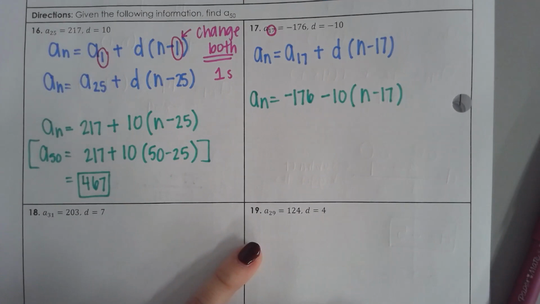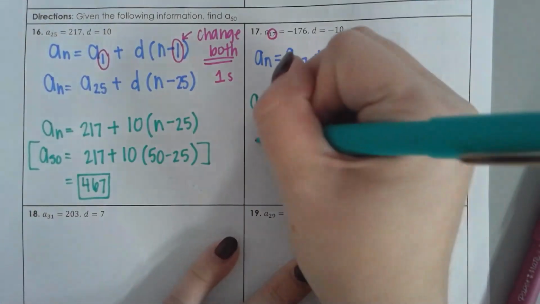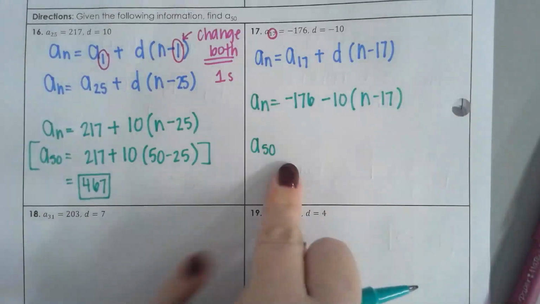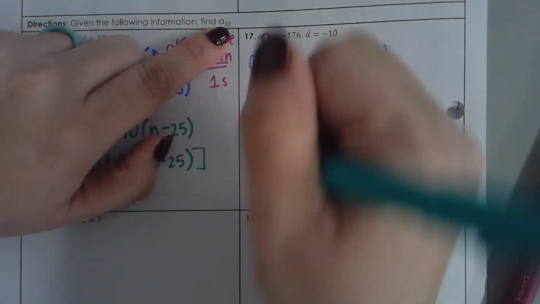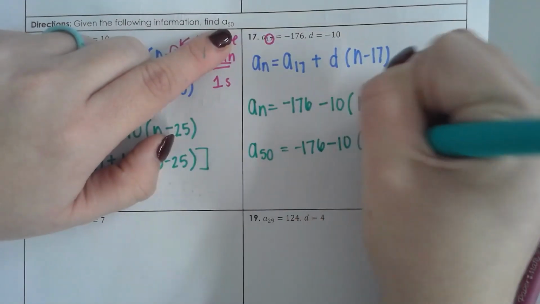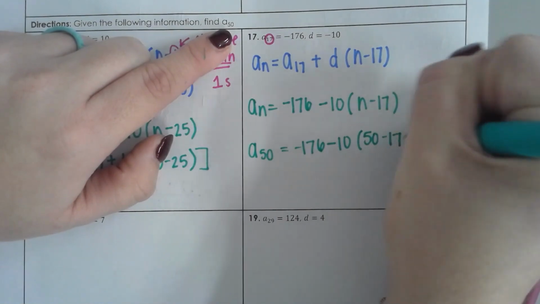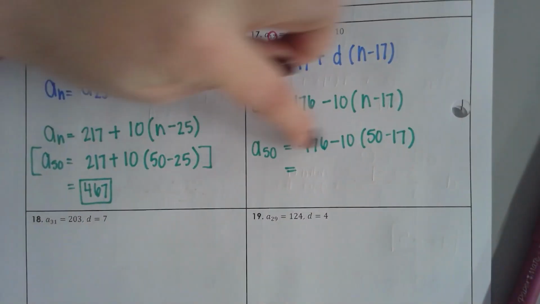And so then I'm finding A50. And the reason I'm finding A50 is because that's what's in the directions. A50 is negative 176 minus 10 times 50 minus 17. This line right here.